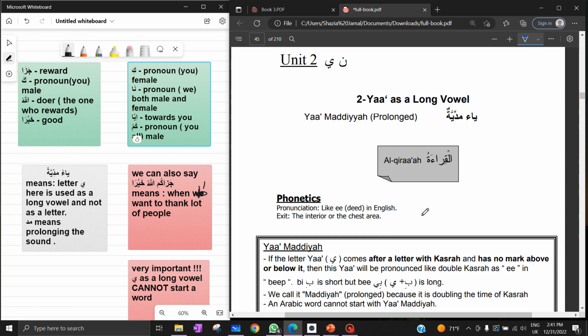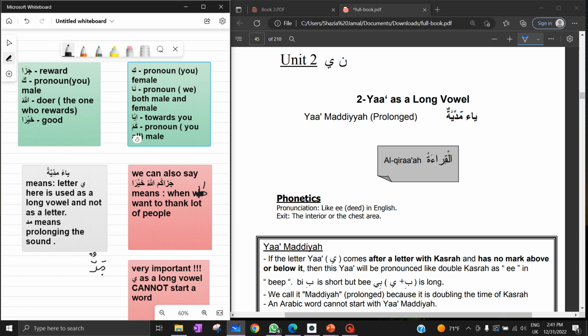So let's come to the long vowel, which is also called in Arabic Ya Maddiya. Ya Maddiya, meaning prolonged. Maddiya means prolonged. Maddiya comes from the word mad. Mad means prolonging or stretching the sound, or making a long sound.